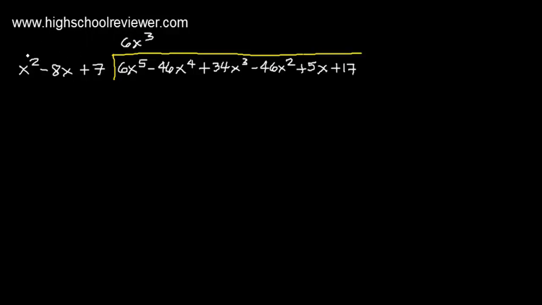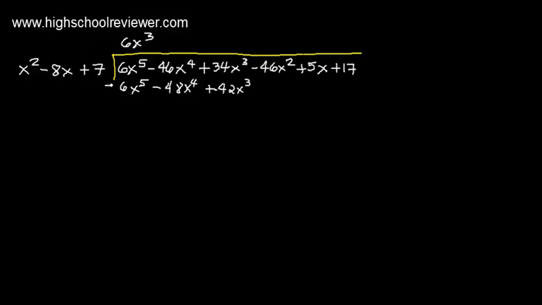6x raised to 3 multiplied by x squared, this will be 6x raised to 5. 6x raised to 3 multiplied by negative 8x, this is negative 48x raised to 4. And then 6x raised to 3 multiplied by positive 7, this is positive 42x raised to 3.